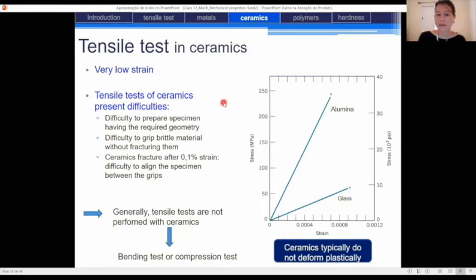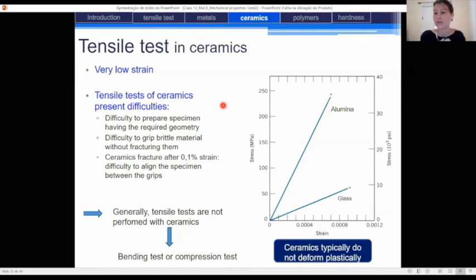But the tensile test of ceramics presents difficulties because it is more difficult to prepare specimens having the required geometry given by the technical standards. It is difficult to grip this brittle material because when we grip it between the two grips of the tensile machine, the risk is to break it.